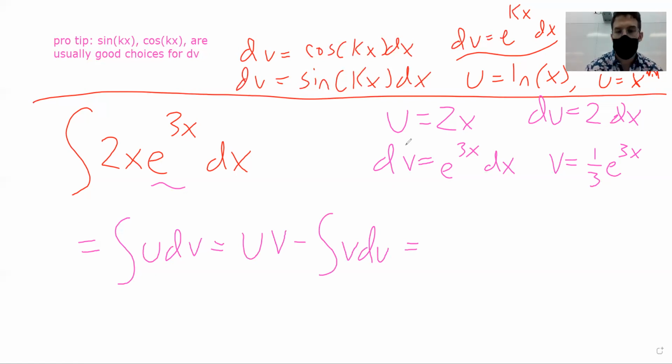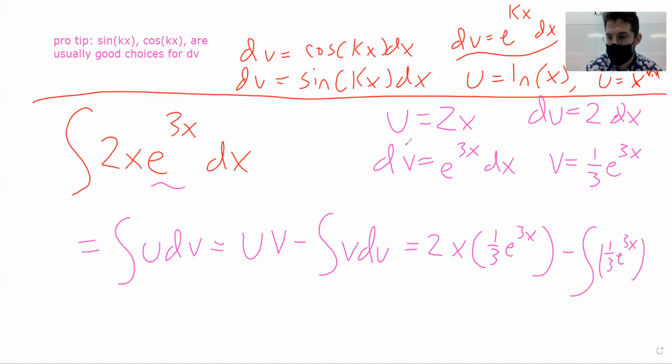So then u is 2x, v is 1/3 e to the 3x, minus the integral of v, 1/3 e to the 3x, times du, which is 2 dx. Everybody okay there?